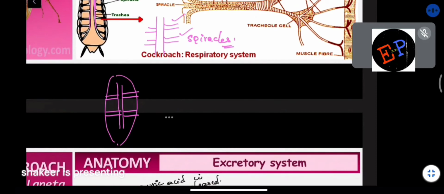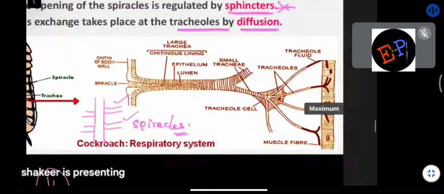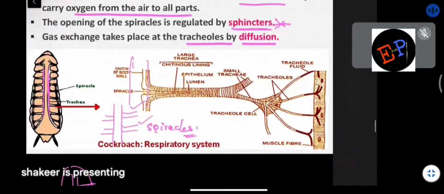Are you able to understand? And in each spiracle, again you will find small tracheoles. In the figure you can see here, this region you can call the trachea. And this region is called the spiracle. And at the end of a spiracle, you can find these tracheoles. Understood?